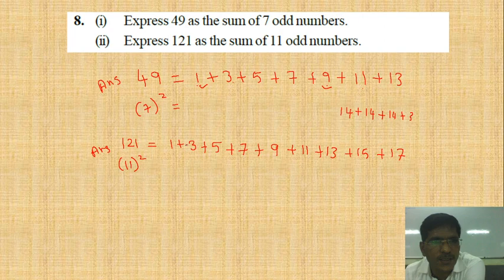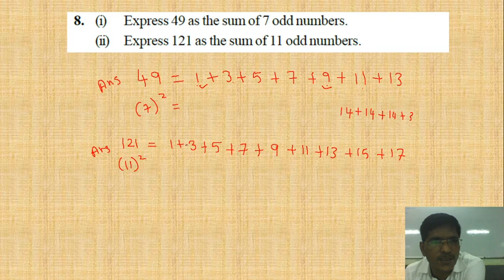1 plus 21 is 22. 3 plus 19 again 22. 5 plus 17, again 22. 7 plus 15, again 22.